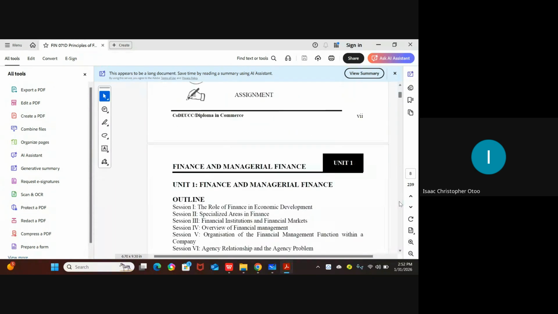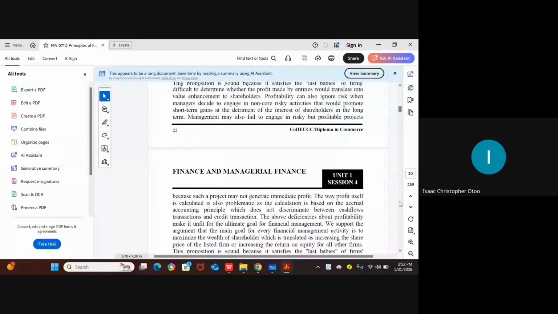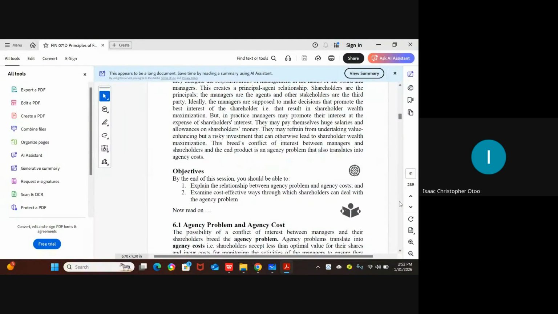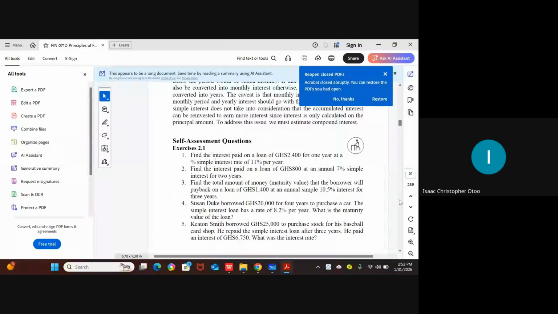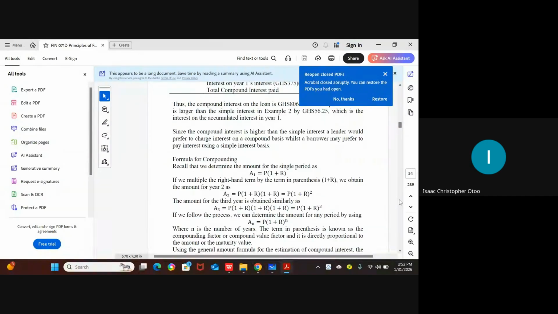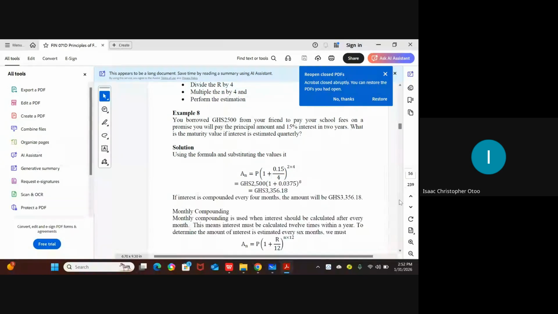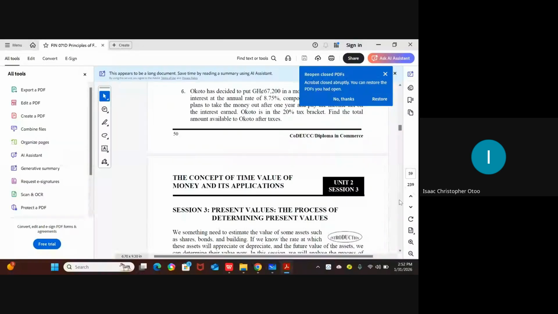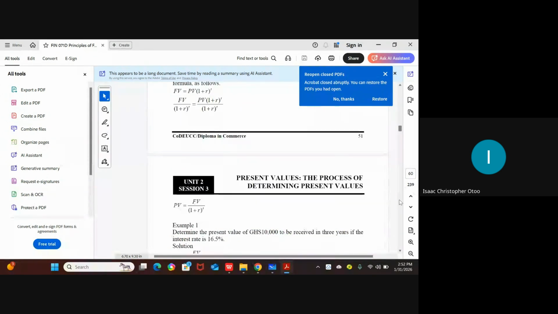Okay, so let's see from your book. Session 3.